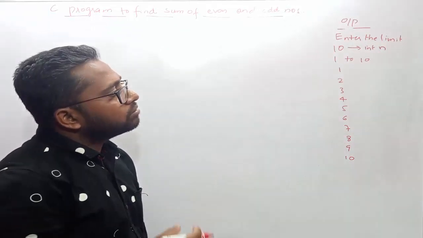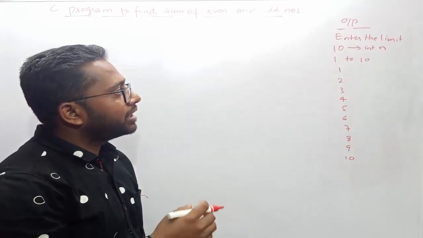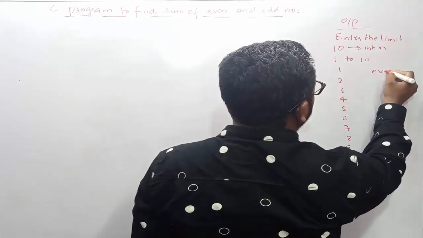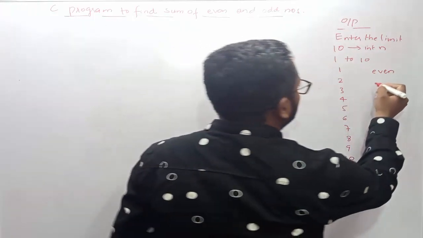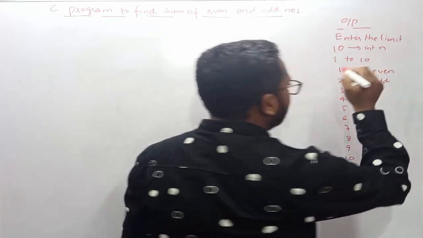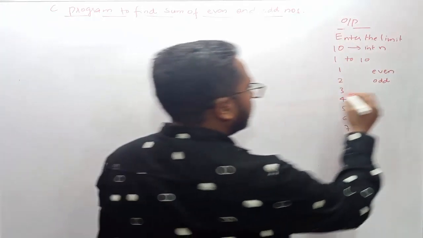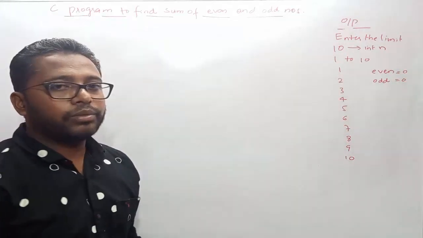And since I'm trying to find the sum of even numbers, I should create one more variable, even, and also another variable, odd, to store the sum of even and odd numbers. And I also need to initialize both of these variables with a value of 0.